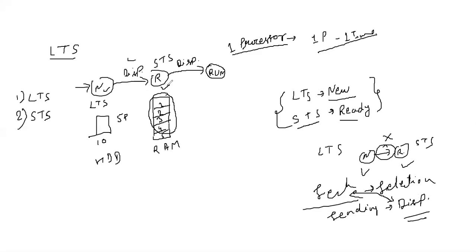It selects the process which you want to send to the running state, and the dispatcher will send that selected process from the ready state to the running state. So that is the short-term scheduler. That's all for today. In the next class, we will discuss the last one, and that one is the mid-term scheduler. Okay, thank you.